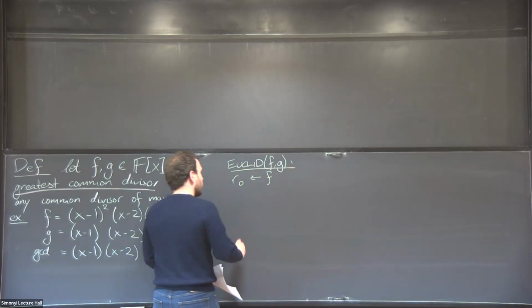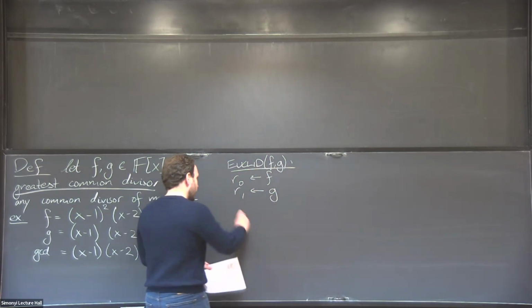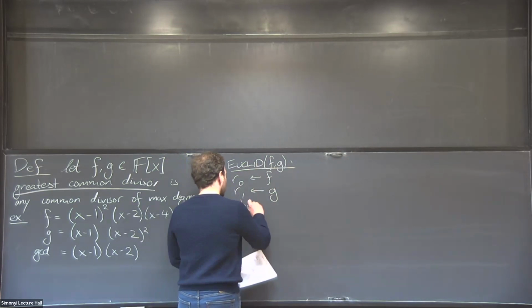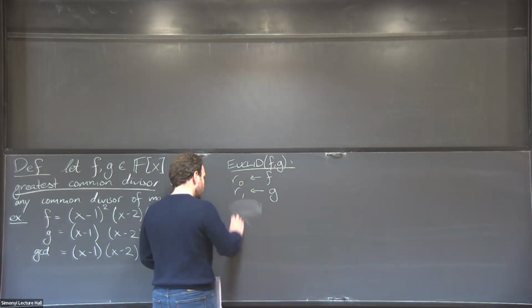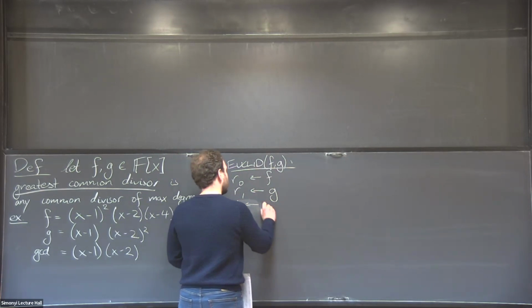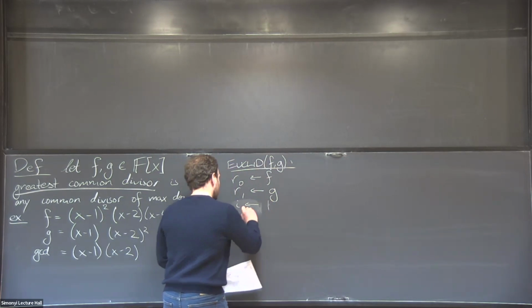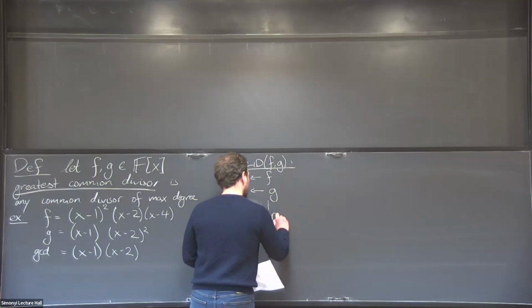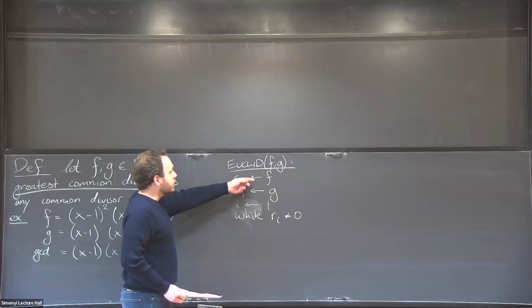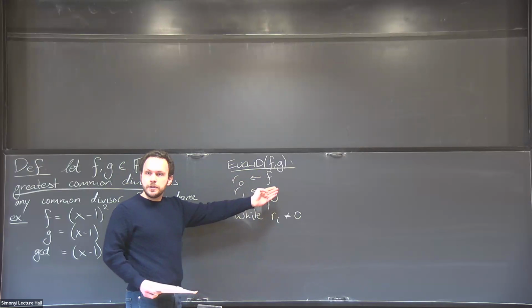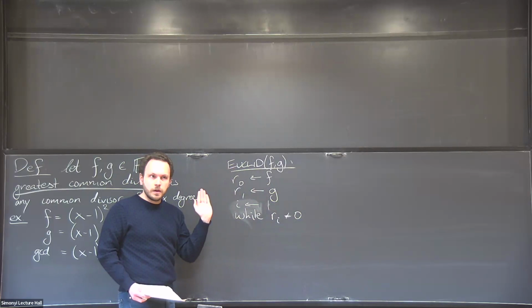So it's an iterative algorithm. We start out with f and g. And then what we're going to do is take f and g, and in the first step we take f, divide it by g, and replace f with its remainder when you divide by g. And then we're going to do this again.